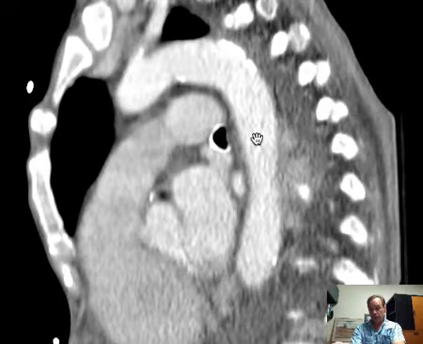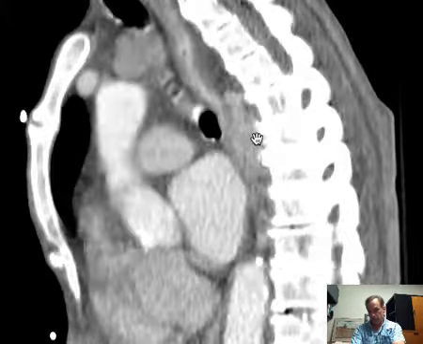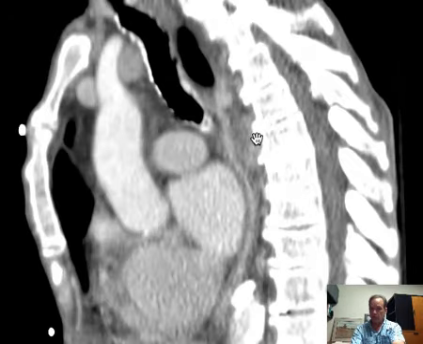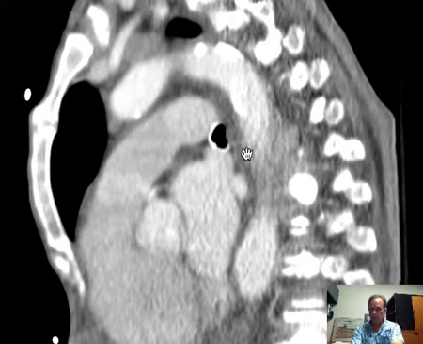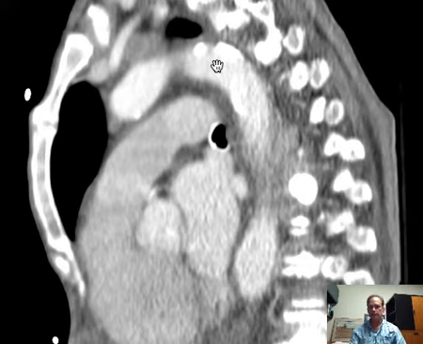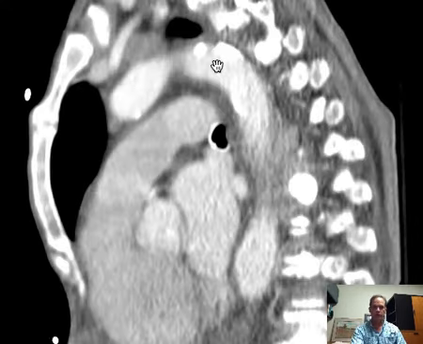So on the axial images, I think you have a fairly good idea, I hope, at this time. But this is the tricky part. This is what helps you understand the axial images, that the main pulmonary artery comes out of the right ventricle anteriorly and dives back to branch under the aortic arch. That's the statement that summarizes these relationships most clearly.